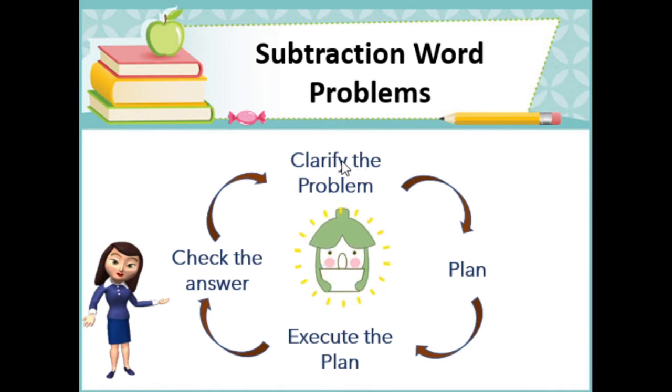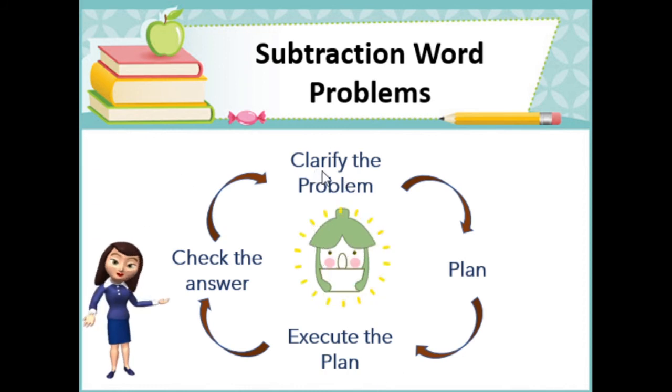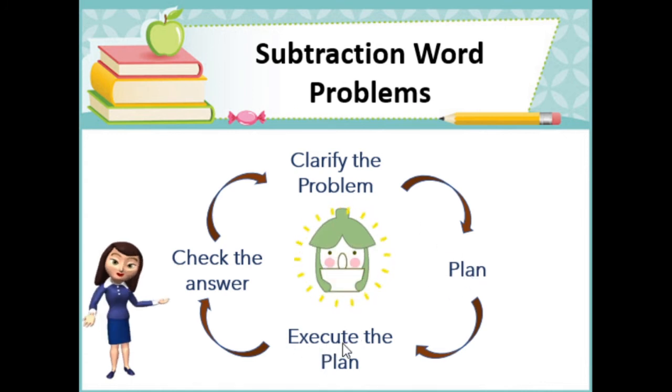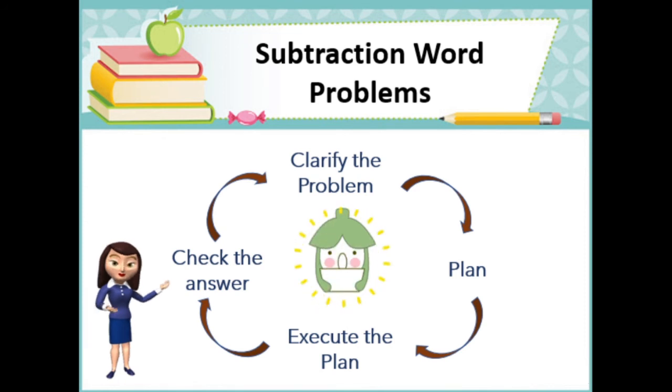Again, 4 steps to follow, and remember when doing word problems. First, clarify the problem. Plan. Execute the plan. And check the answer. What are we going to do with this one? Let's see an example.